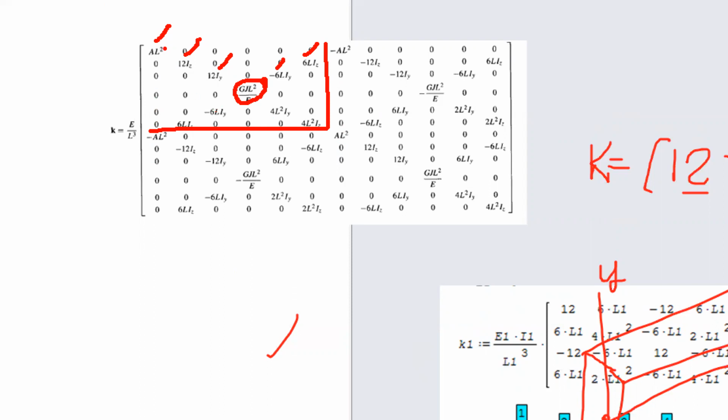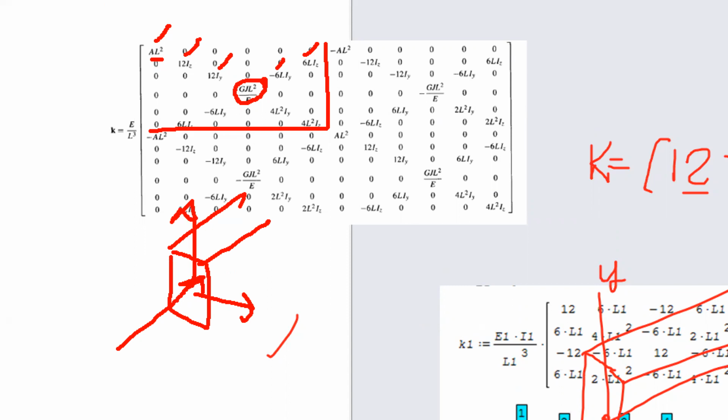In short, we should first consider the axial. That will be the first force. Then if you have a cross section like this, you have the axial first, and then the other two are forces. If the axial is Fx in our case, then this will be Fz, for example, and this is Fy.